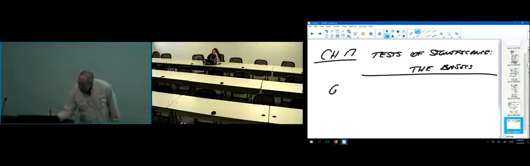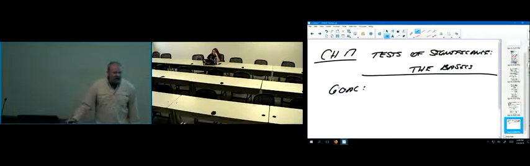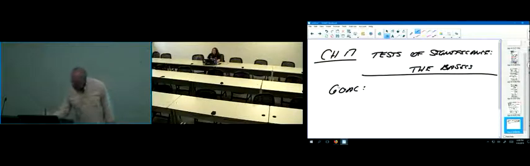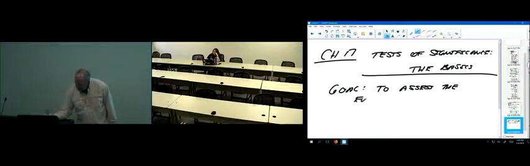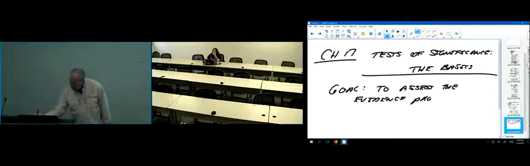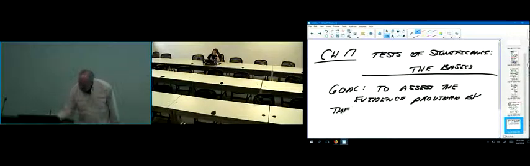I got to write this part down for you. The goal of a test of significance is not to estimate anything. The goal is to assess the evidence provided by the data.